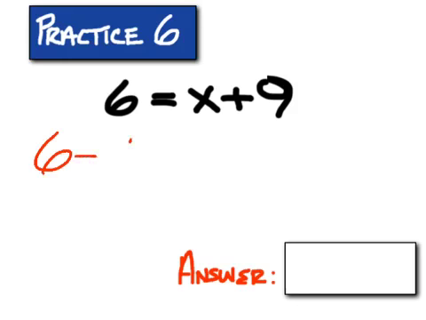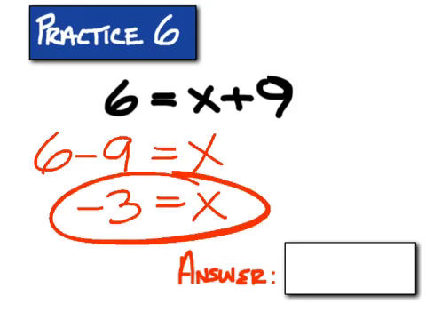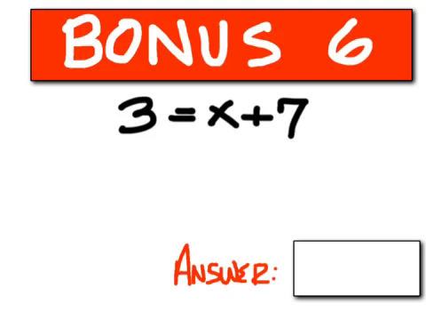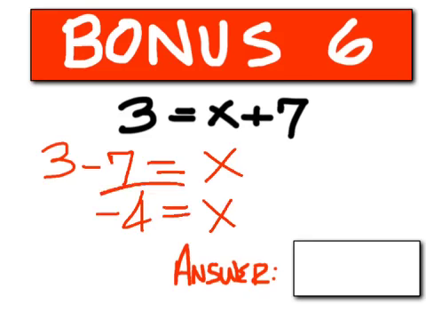On the practice problem, it is 6 minus 9, which is a negative 3. Should be 3 minus 7 equals x. That would be a negative 4.